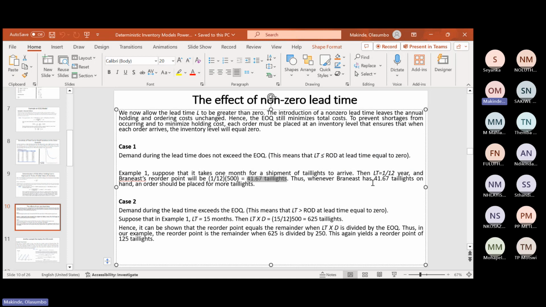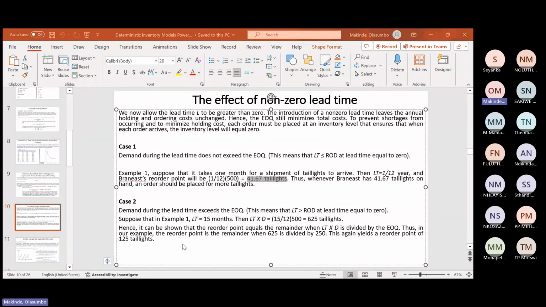Don't forget, we cannot have a fractional situation. So you can select the result by either rounding it up to 42 or rounding it down to 41, either of the two. And what is the result telling us in terms of the reorder point? It is saying, if you have placed an order of 500, as soon as you have consumed your inventory and you reach 41, then you must place an order immediately.